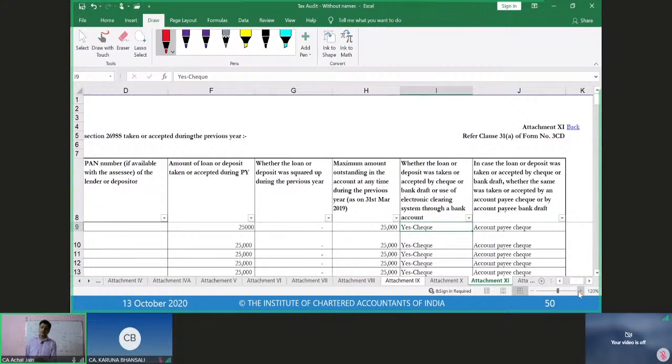But in respect of some of these transactions which would have been reported by the management, he needs to again check them on a sample basis. He needs to do a test check whether these amounts which have been reported under this section or under this clause are correct or not, which he can verify again by looking at the ledger, by looking at some of their supporting documents, and ensure that all of these details which are furnished in this clause are correct and complete.